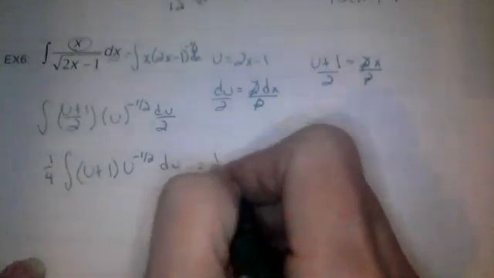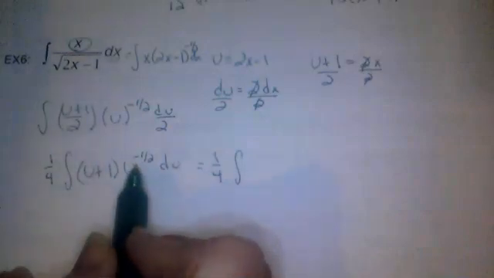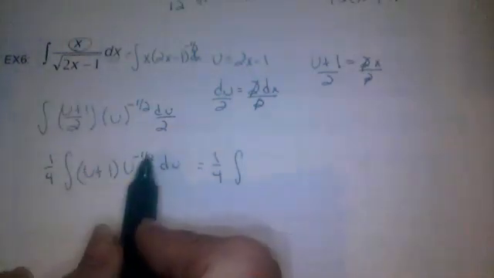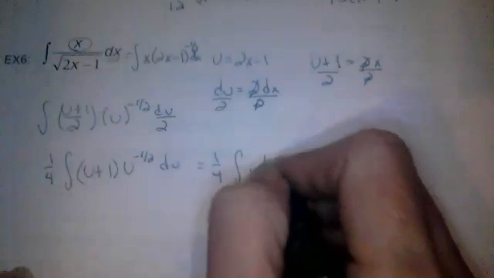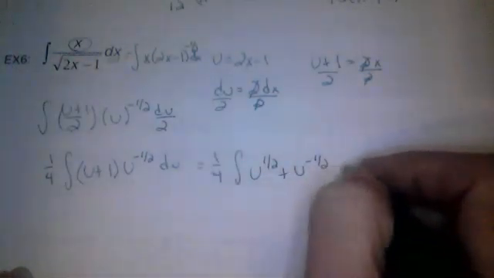All right, so now I'm going to distribute, and I have 1/4 times the integral of u times u to the negative 1/2. When you multiply, you add the exponents. So we're going to get u to the positive 1/2 plus u to the negative 1/2 du.